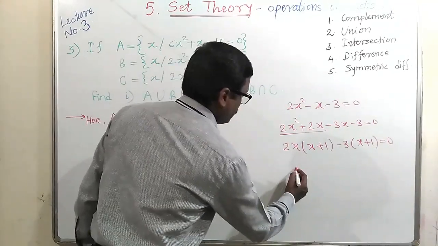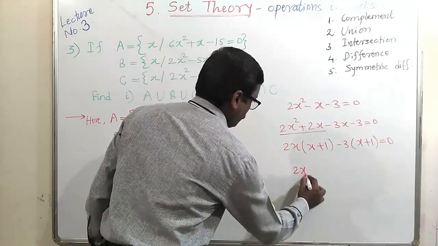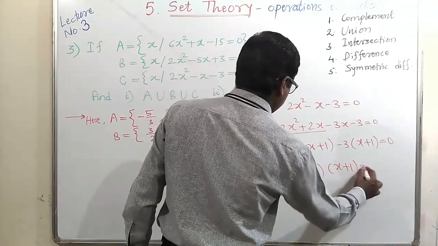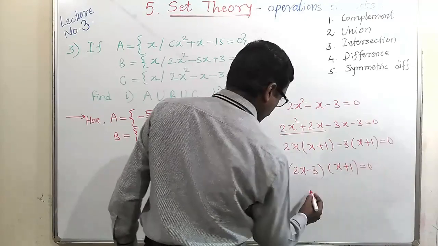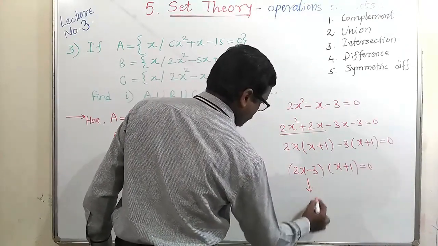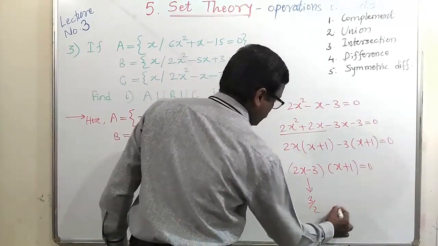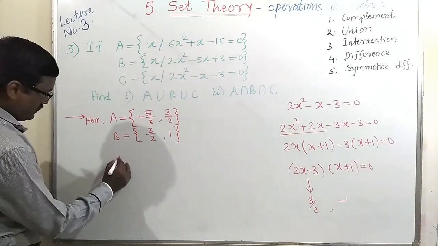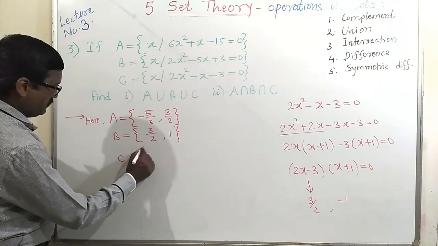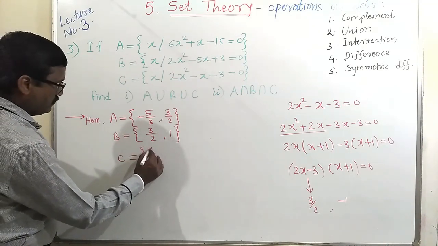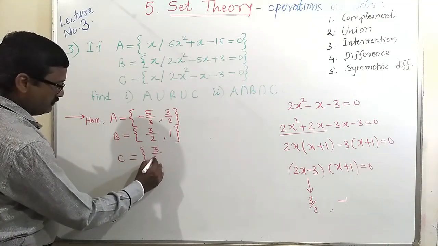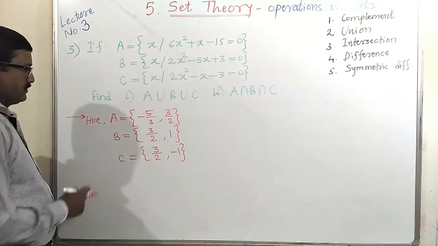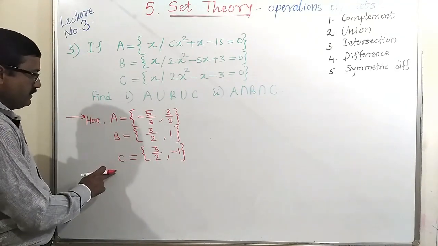So that we get here factors as 2x minus 3 and x plus 1 equal to 0. So x equal to, this will give us x equal to 3 by 2 and this gives us minus 1. Okay, so set C will be 3 by 2 and minus 1. So these are three sets A, B, C.